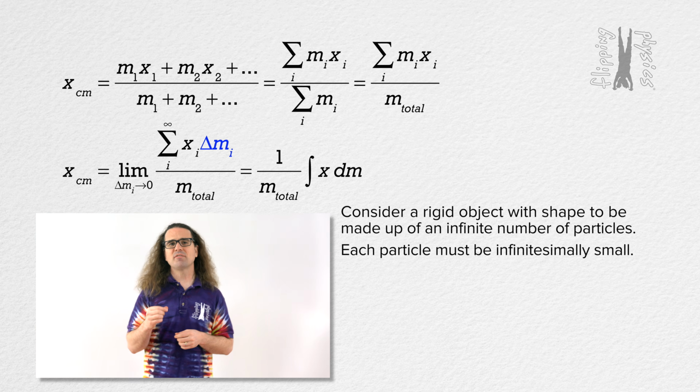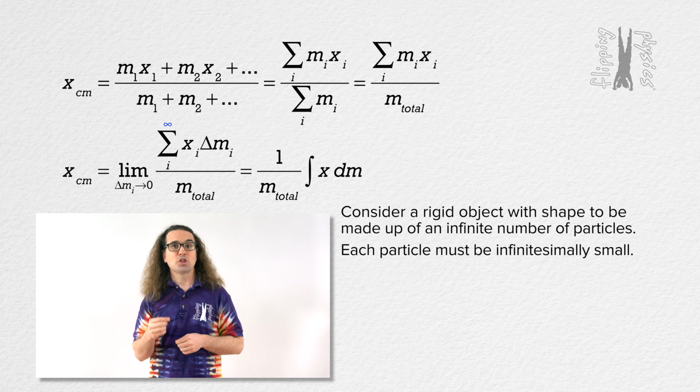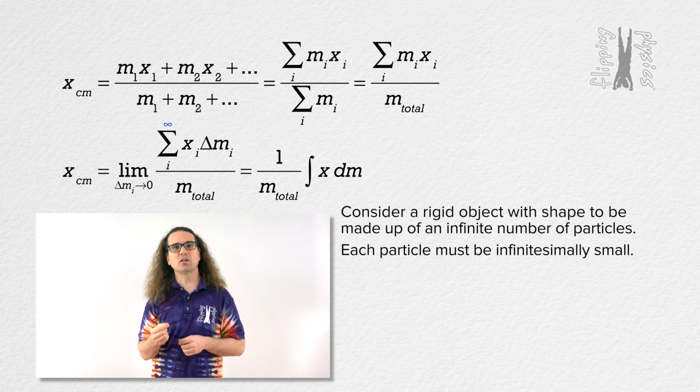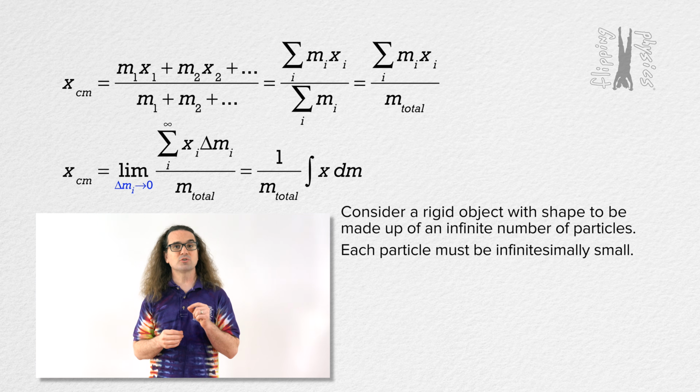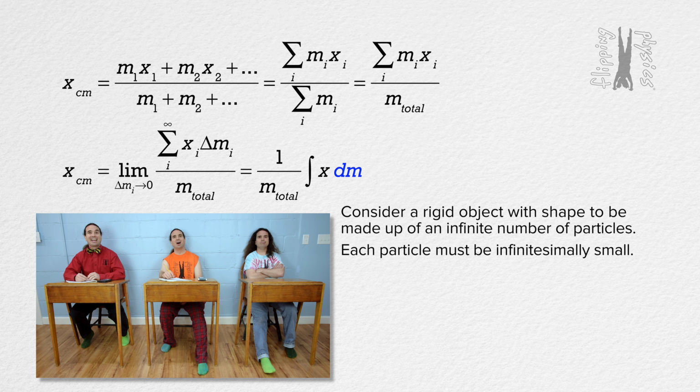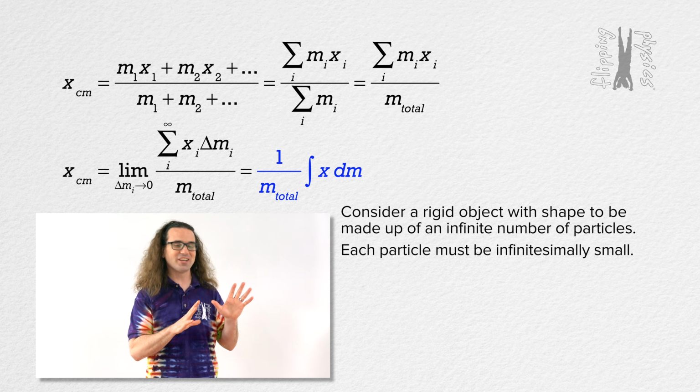And as the number of particles goes to infinity, the particles get smaller and smaller, and the mass of each particle, delta m, becomes smaller and smaller until, at an infinite number of particles, each delta m is infinitesimally small, and we now call each infinitesimally small particle dm. This is, of course, an integral. Cool. I love integrals.